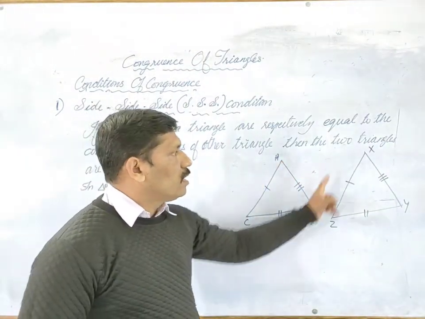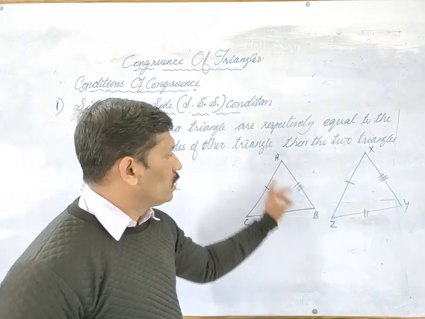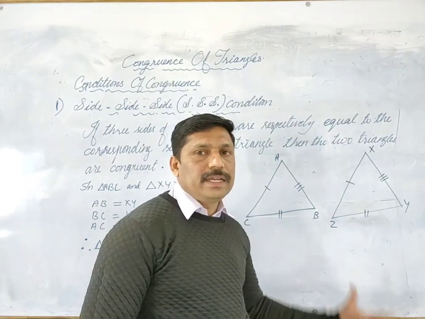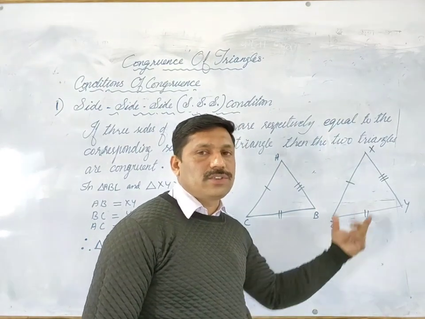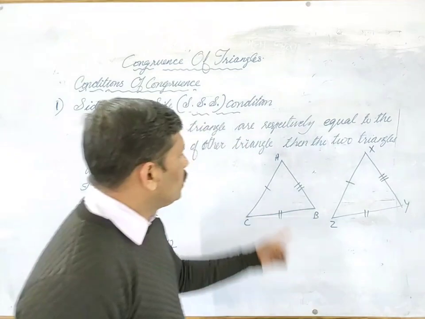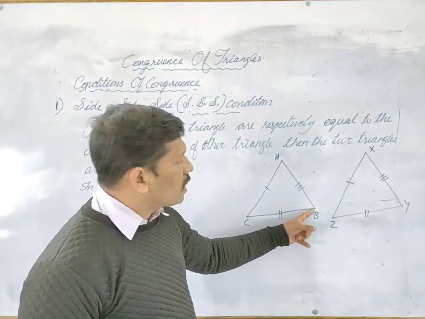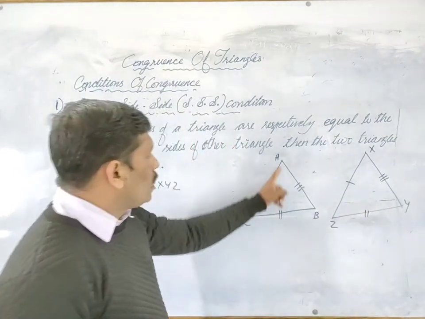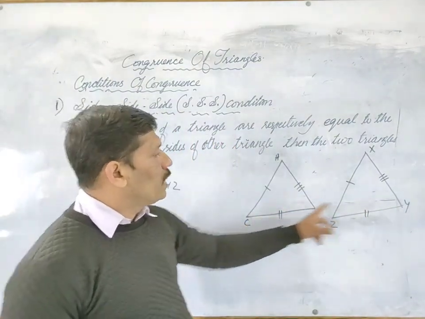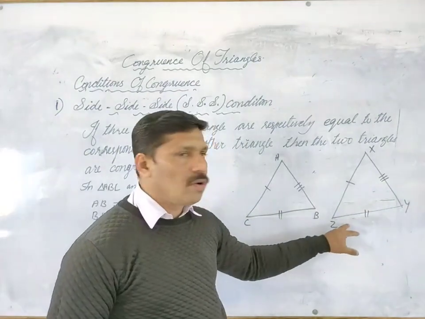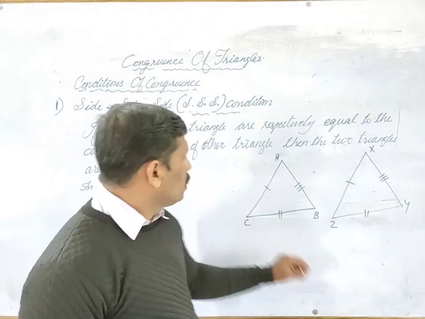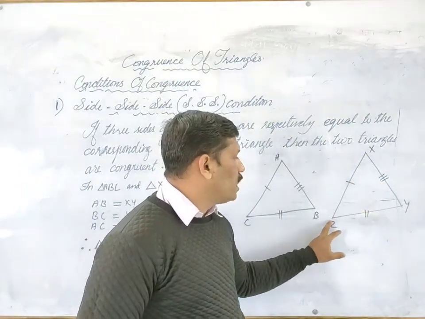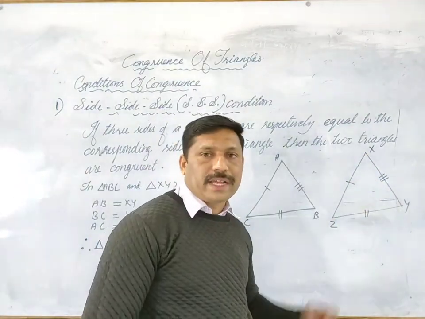Triangle ABC and triangle XYZ. In triangle ABC and triangle XYZ, we can see that side AB is correspondingly equal to side XY of this triangle, and side BC is correspondingly equal to side YZ of the other triangle, and side AC is correspondingly equal to side XZ of the next triangle.